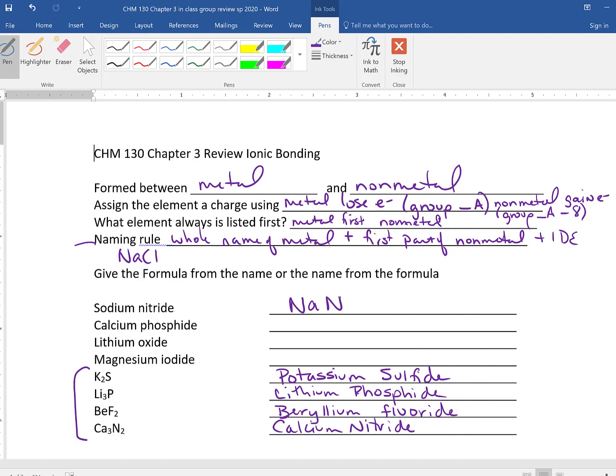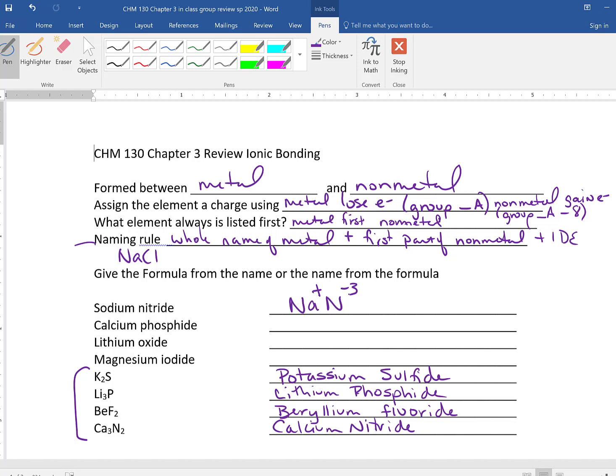In this second step, assign the charge. So first write the elements, then assign the charge. Sodium would be plus 1, right? It's in group 1A. Nitrogen would be minus 3. Then you take the number for each charge and swap them.